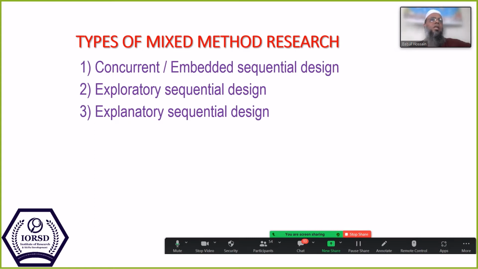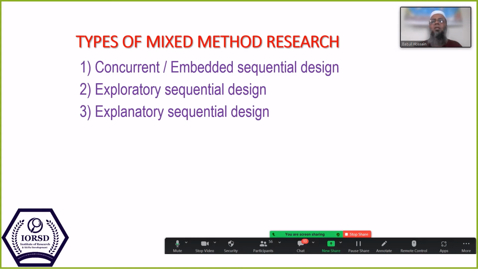He is doing exploratory and explanatory research simultaneously. He develops the questionnaire and instrument and collects the data. And he also conducts interviews, and after thematic analysis, he sees what results come from the quantitative research and what results come from the qualitative research, and reports them combined.